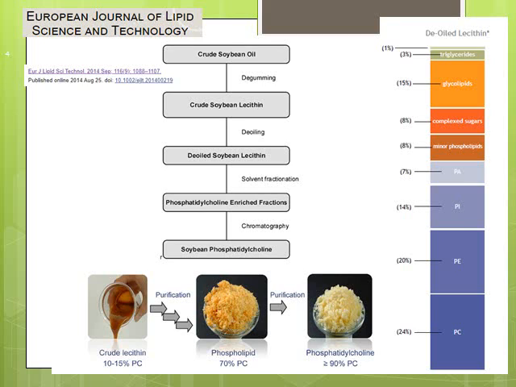And also it can be further purified or processed and turned into something with high phosphatidylcholine content. So we have lecithins that are different by their source, animal-based or different plants, and they are also different by their process.